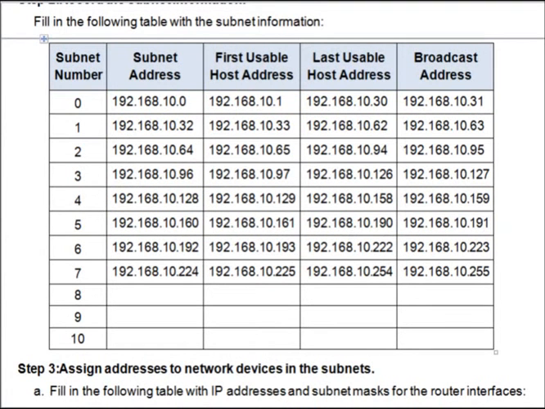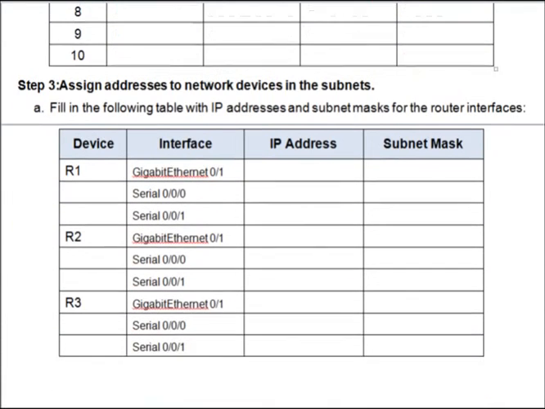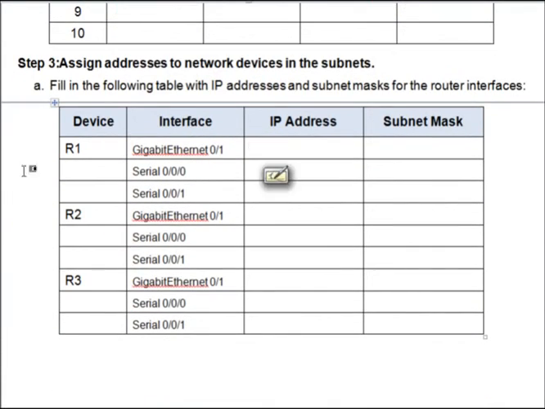Okay, after we have completed the IP addressing table for this network, we can proceed to fill up the addresses for the network devices in step 3. So what we need to do is look at the first device, R1, gigabit Ethernet 0/1.